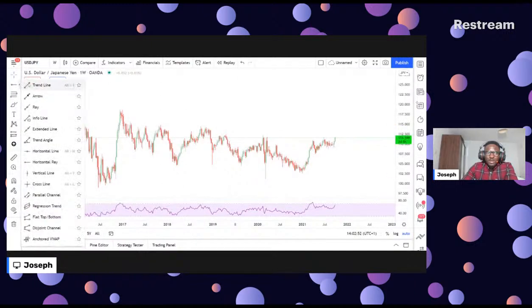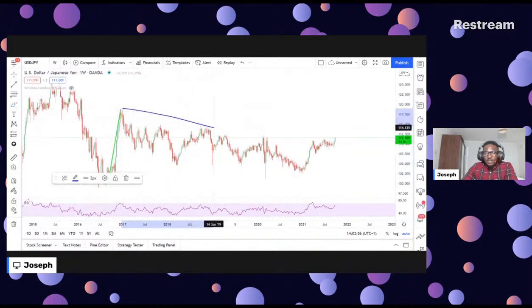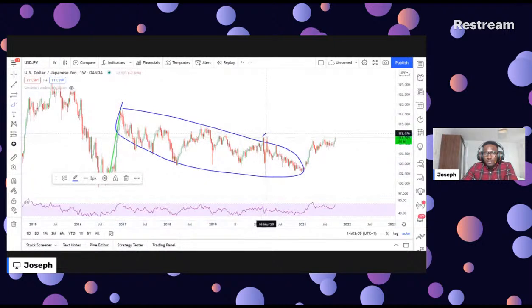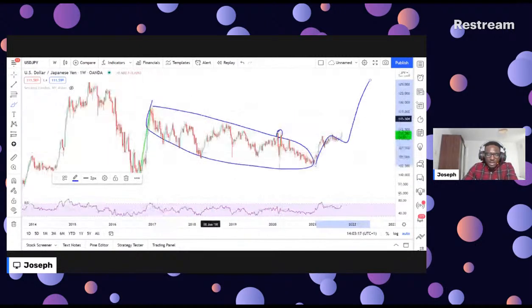Here we have an impulse leg, which is followed by a corrective pattern, and this market has broken out of that corrective pattern. This is the last hurdle. If this market breaks this level, we can really see it crawl up to these all-time highs. So this might be one of those situations where the advanced pattern is not going to work.